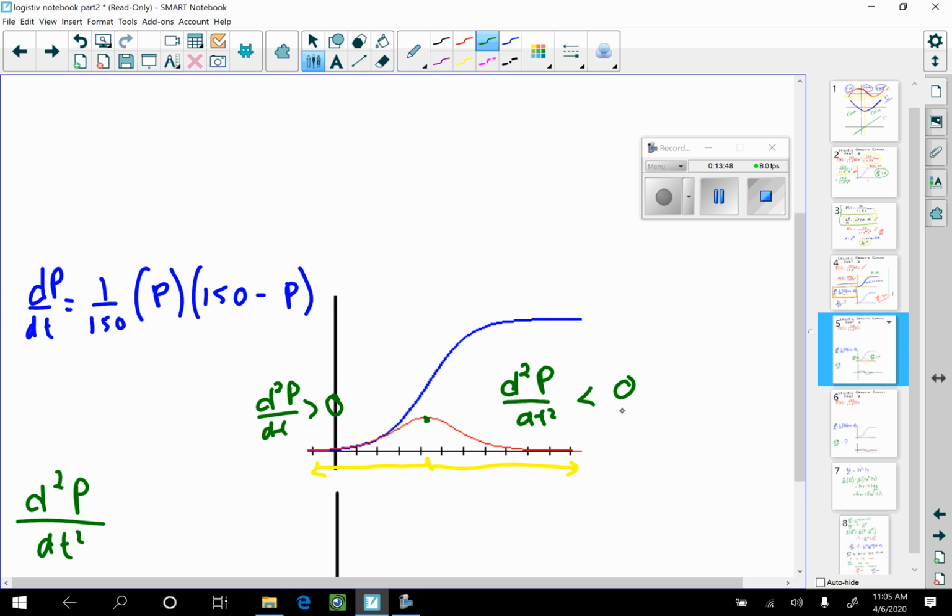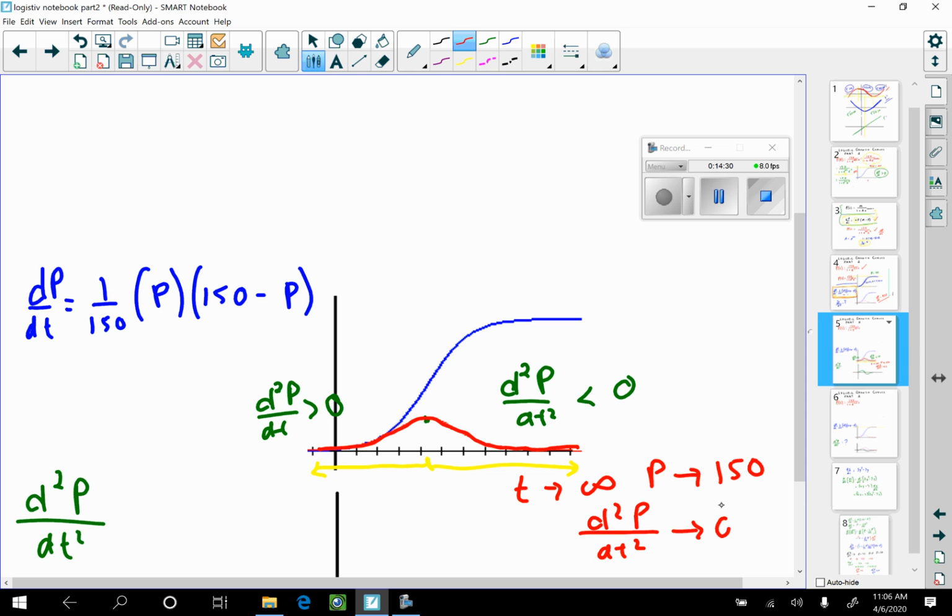The other thing I know is, if I think about the second derivative as being the slope of the tangent to this red graph here, what does the slope of the tangent do as t goes to infinity? The population is going to the maximum value 150. So what's going to happen with this second derivative? As these two things happen, the second derivative is going to 0.